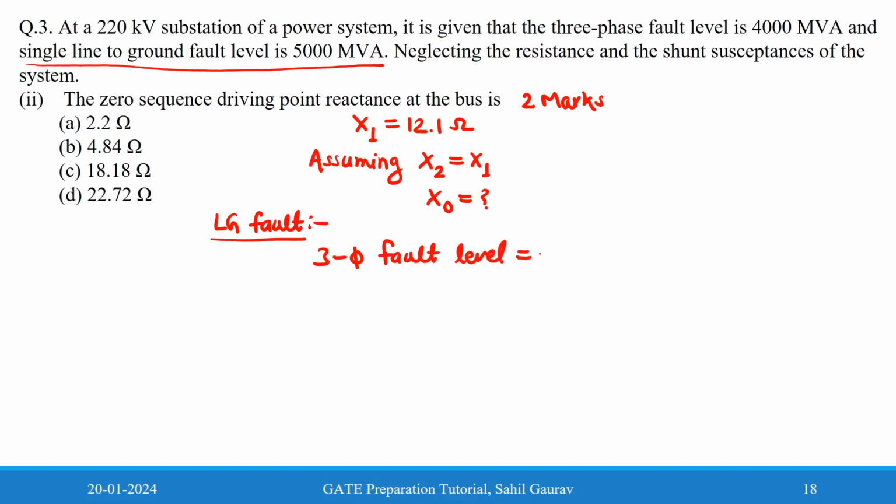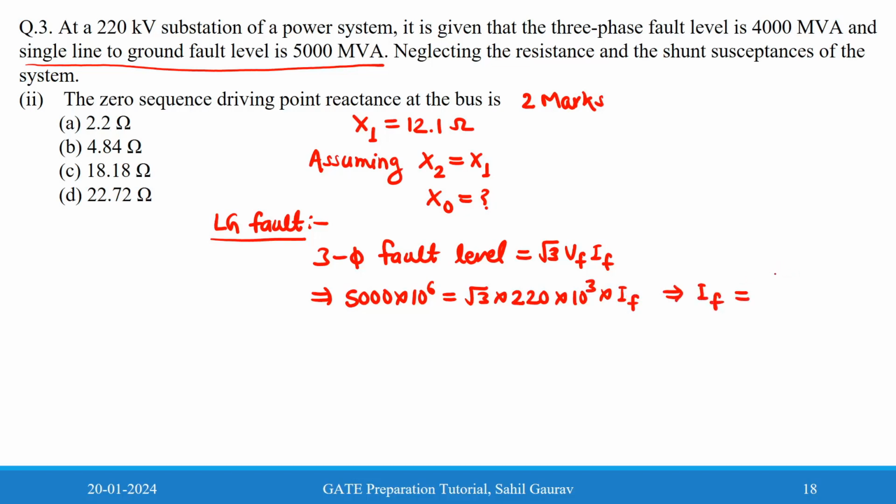The three phase fault level is root 3 times VF IF, and it is 5000 MVA, so root 3 times 220 into 10 to the power 3 into IF. So IF will be 13.12 kilo ampere.